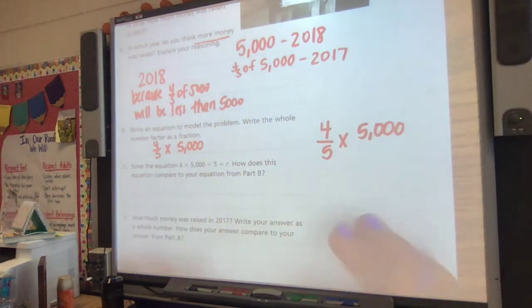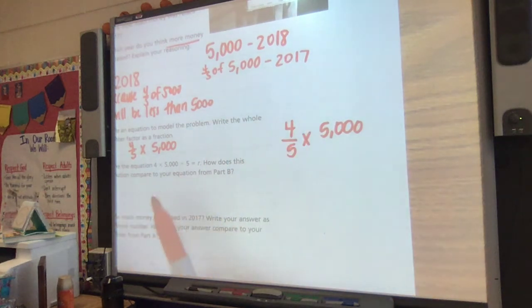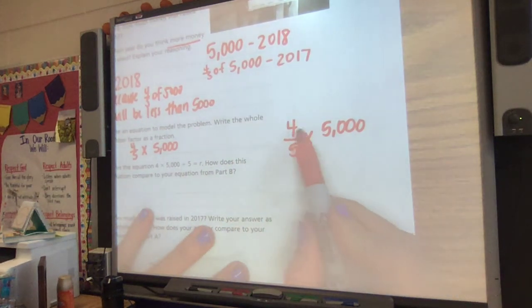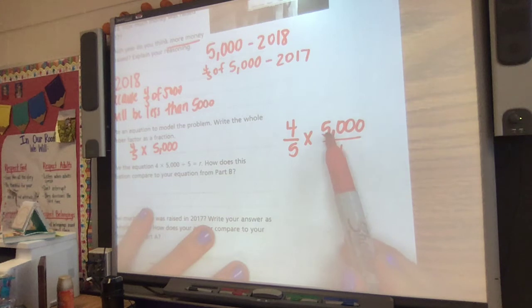Alright. So you can look at this two ways. Remember, when we're multiplying, we've noticed the pattern that we can multiply our numerators and our denominators. Technically, we can write our fraction. You can make any number into a fraction if you put it on top of 1, because anything divided by 1 will still be that number. So 5,000 divided by 1 is still 5,000.